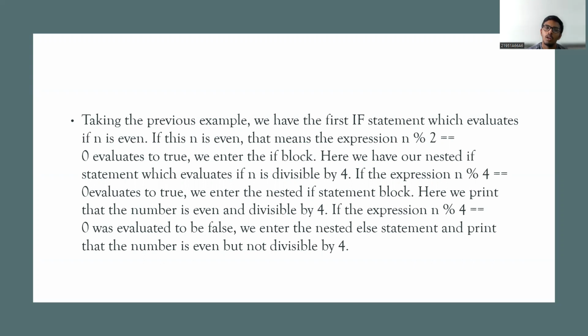Here we have our nested if statement which evaluates if n is divisible by 4. N is divisible by 4 if the expression n % 4 == 0 evaluates to true. We enter the nested if statement block. Here we print that the number is even and divisible by 4.